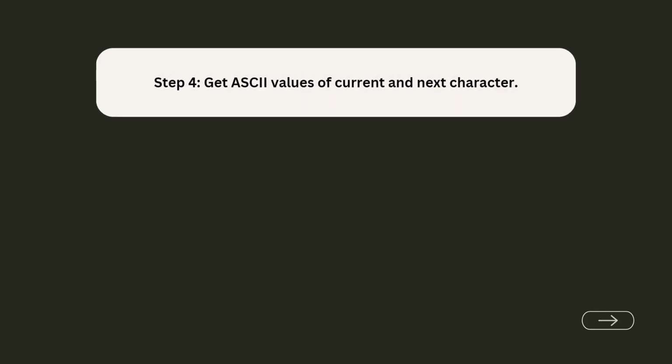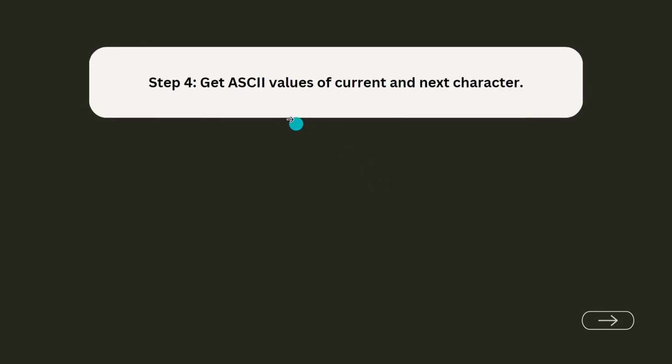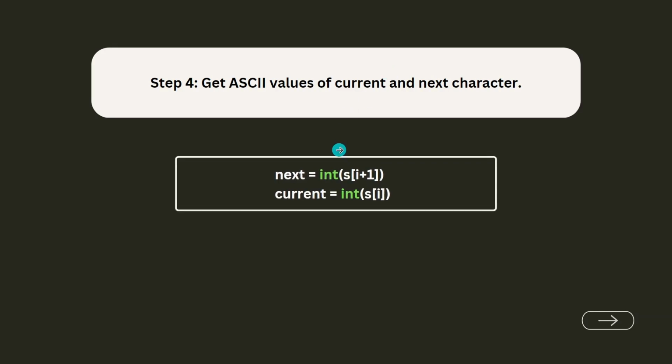Okay, now in my fourth step I will get the ASCII values of the current and the next character, because in that particular hello string each character is of character data type, but now I want the ASCII value which will be an integer data type. So first of all I will convert that particular character so that I can get the ASCII value by using the int method like this.